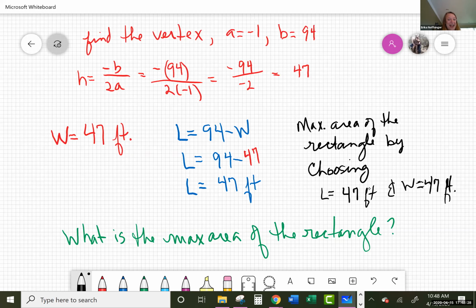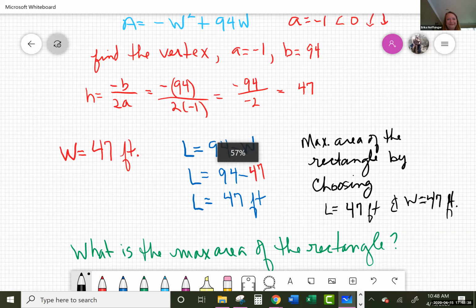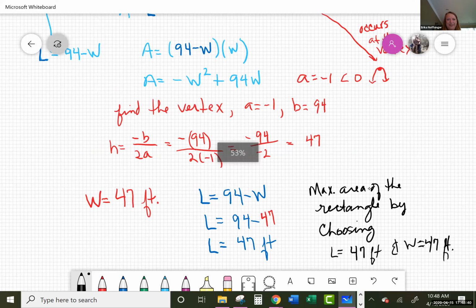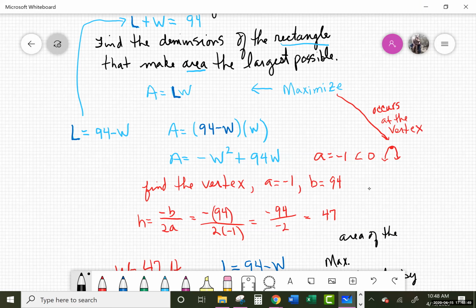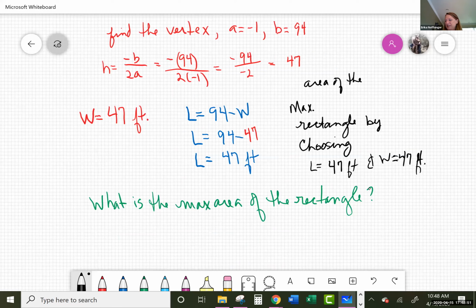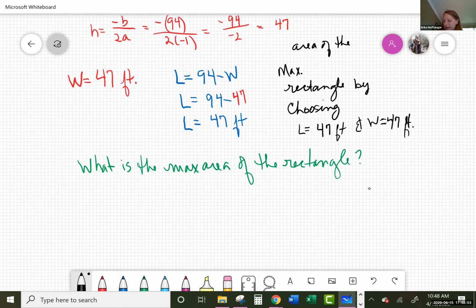So any ideas on how you would find that maximum area then? How do we find area? The length times the width. Right, and so we found the dimensions of the length and the width that made it the maximum area.